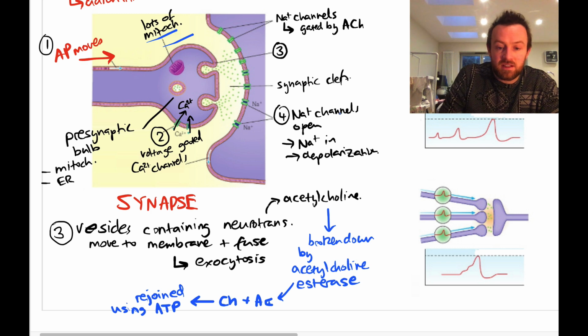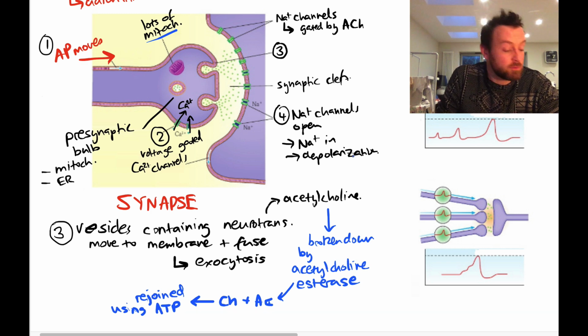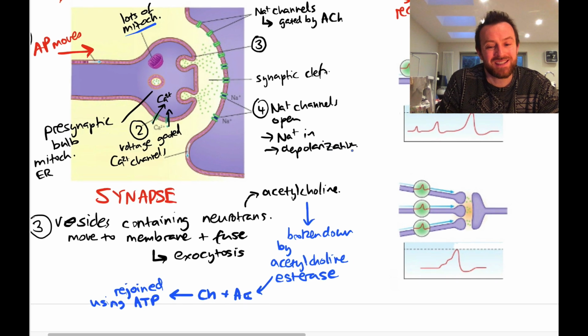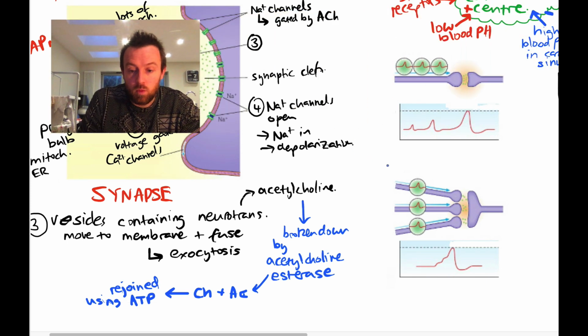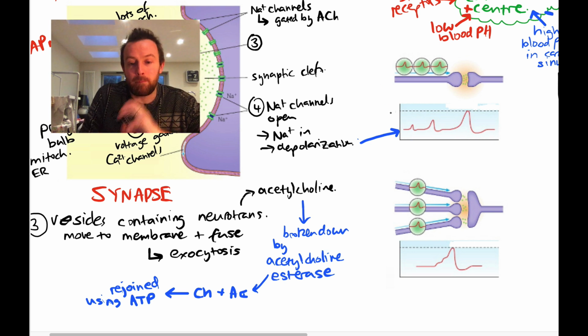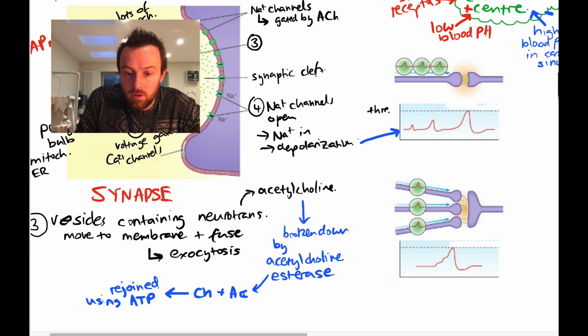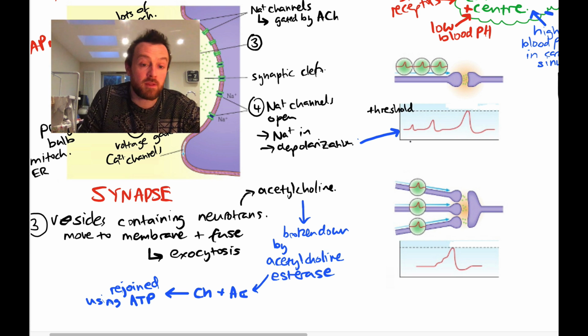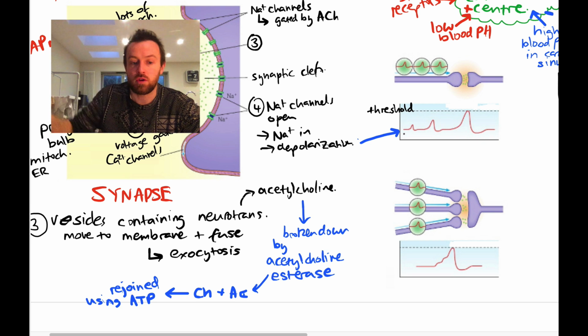All right, so I said that depolarization results in an action potential, but does it always? Not necessarily, because we might need to have some summation going on. This depolarization leads to a tiny little blip, but if the depolarization is not big enough and it doesn't reach the threshold potential, then there won't be an action potential in the next neuron.